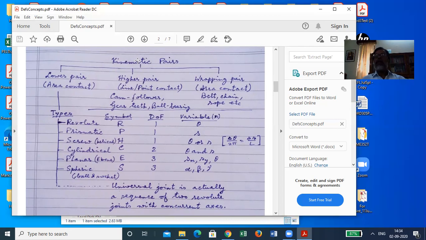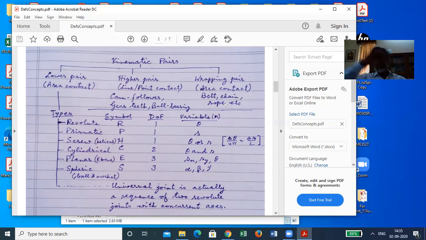And then, as an afterthought, wrapping pair was also included because some connections between elements were involved in actual engineering practice, which are actually neither way, clearly. I mean, they could be line contact, they could be area contact, but something was fundamentally different. Okay, and that is like belt or chain or rope, which wraps around the other link.